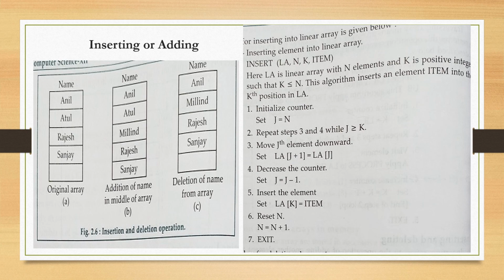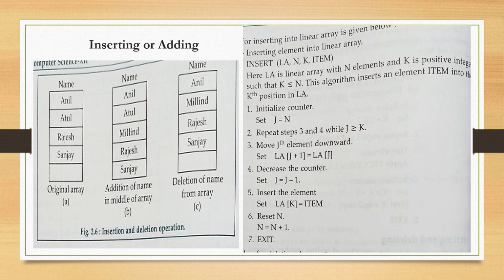In our case, N is 1, 2, 3, 4, 5, so N is 5 and J equals 5. No, the length is not 5 here. The length is 4, because only 4 elements are there. So N is 4 and J is also 4. So you are moving the jth element to the J plus 1th position. That means you moved it to the 5th location. Then J is decreased by 1. J has now become 3.